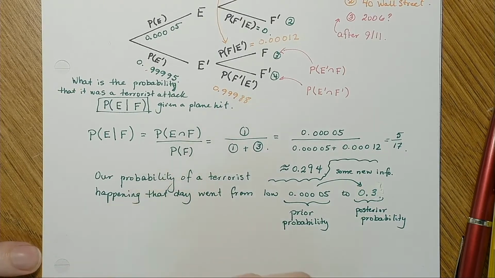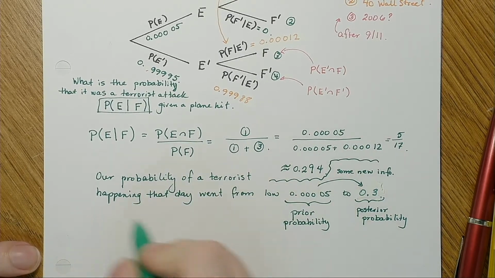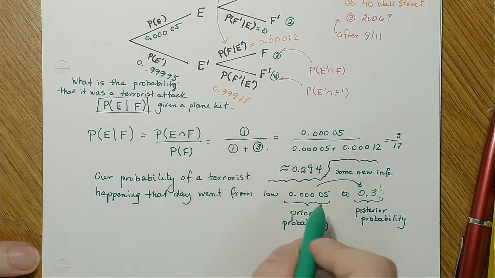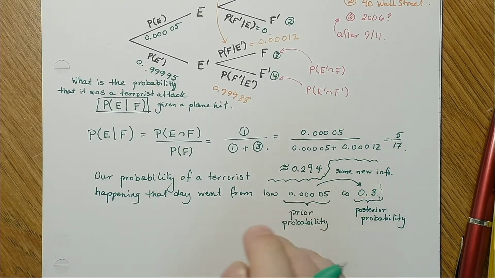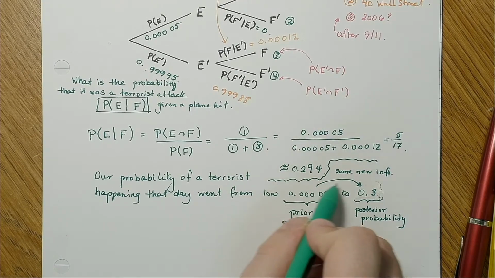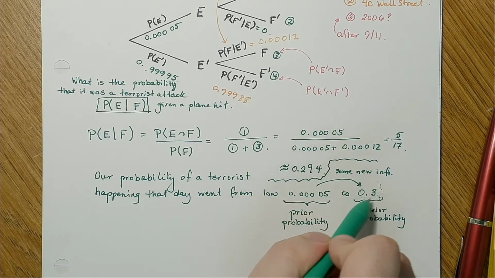And that's what machine learning is about. Machine learning uses things like this in the sense that it'll have a probability of identifying something, it will collect some new information, and then it adjusts its probability accordingly.